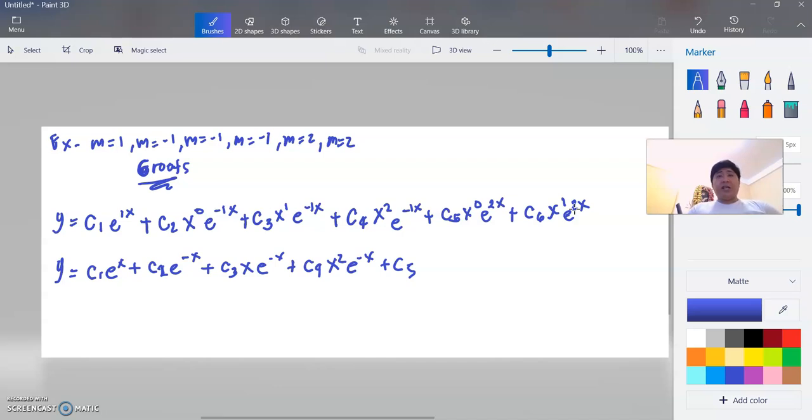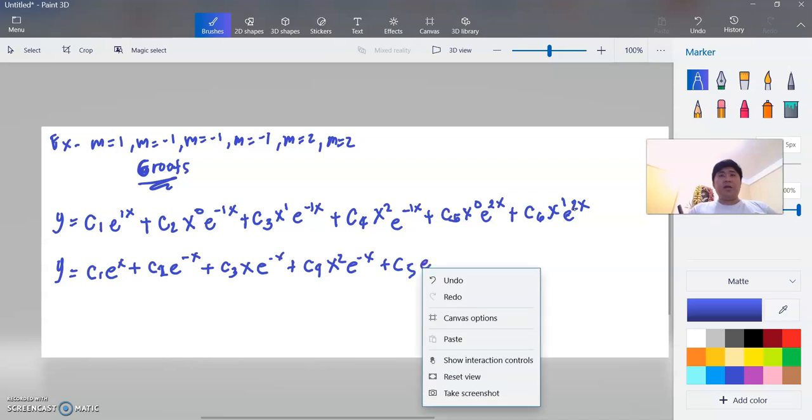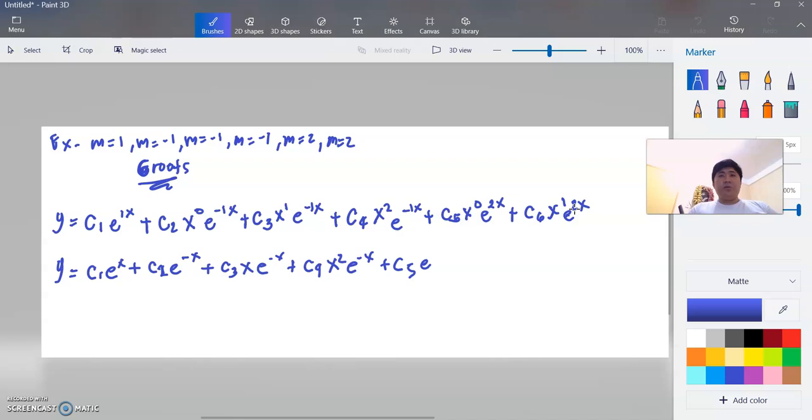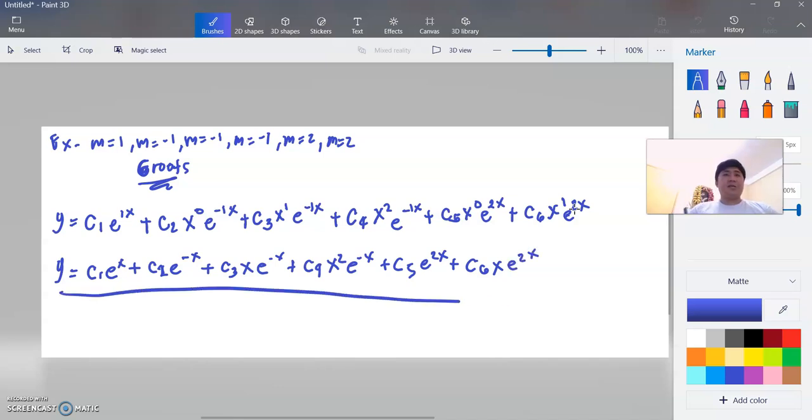Since this is another new repeated root, x raised to the power of 0, that is 1, times e raised to the power of 2x, plus c sub 6 x e^2x. So this is our general solution for repeated roots.